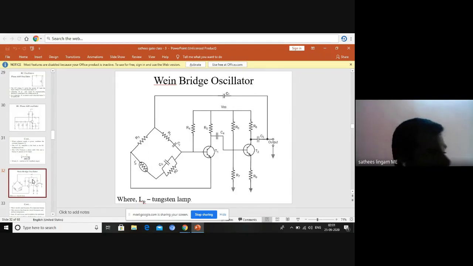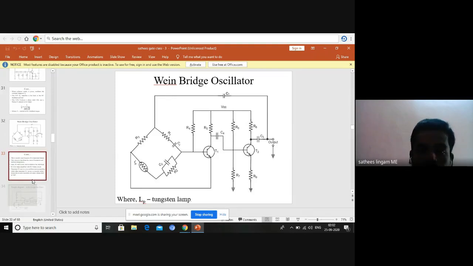In a similar manner, when it is given to the input of T2, the same thing happens on our output side: from negative to positive, again it is shifted to positive to negative. Here it is getting amplified two times. Even though it is getting amplified, our ultimate focus is on what? The 360-degree phase shift.